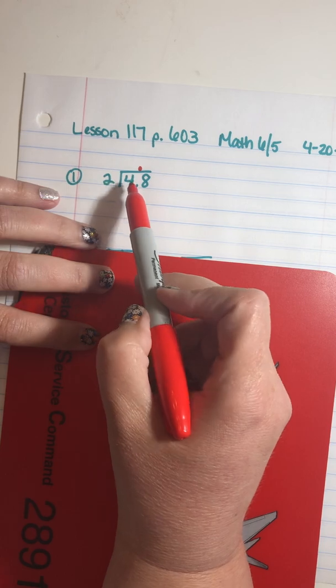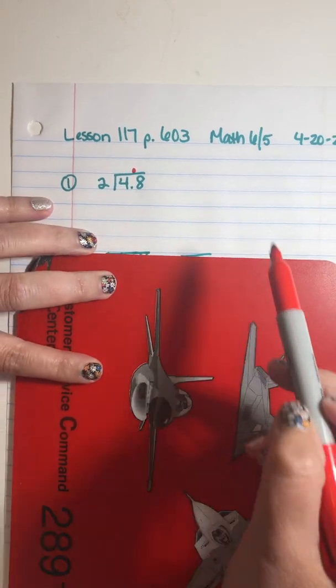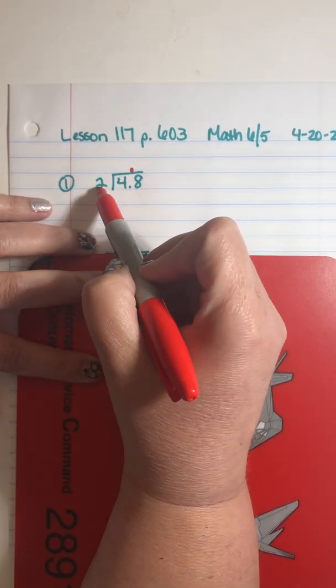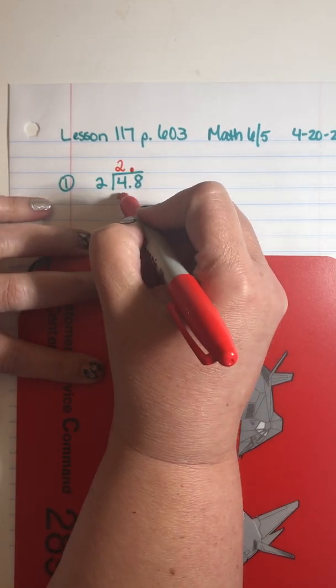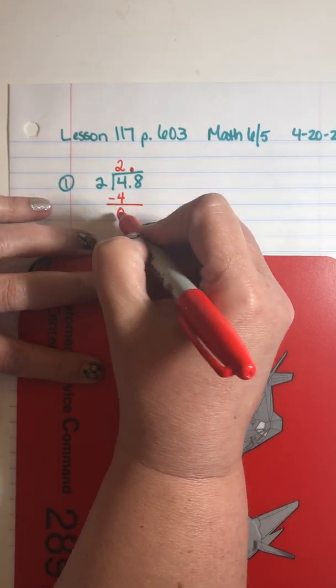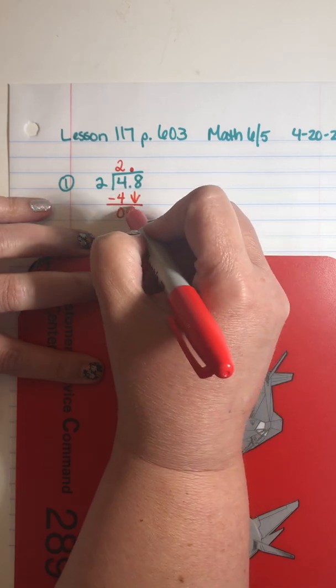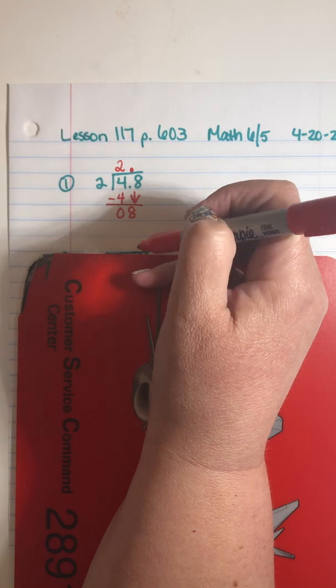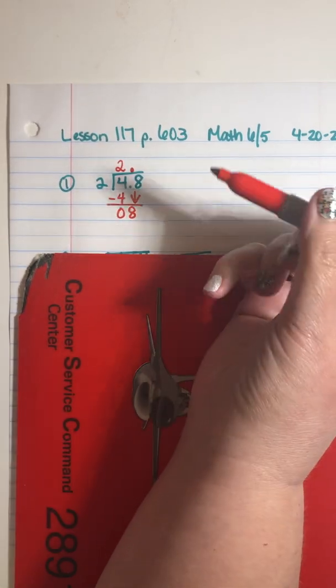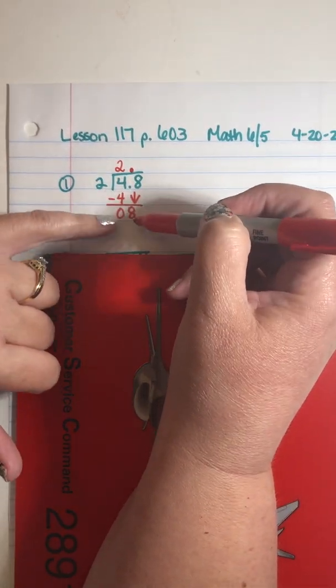Okay, now I can start dividing. 4 divided by 2, 2 times 2 is 4. I'm going to subtract, and I'm going to bring down my 8. Now I'm not worried about the decimal down in here, because I already brought it straight up. I don't have to bring it down into this.